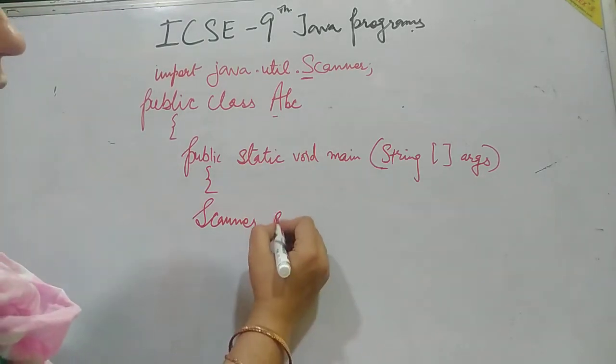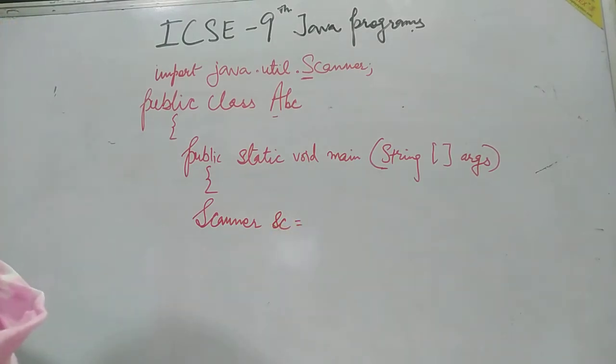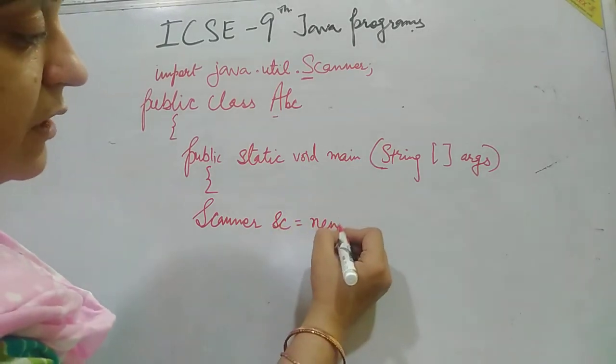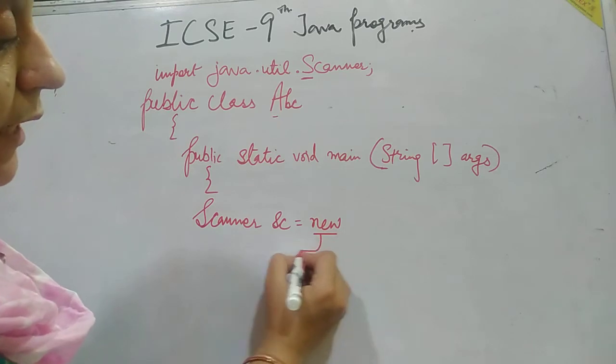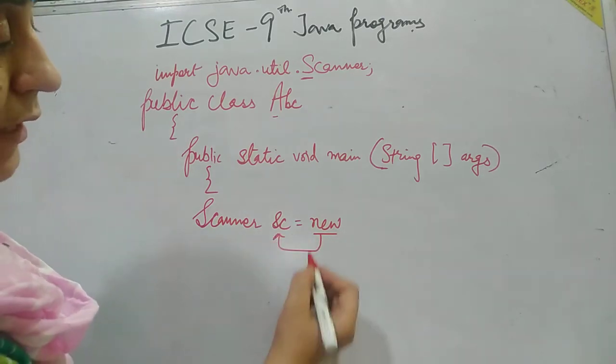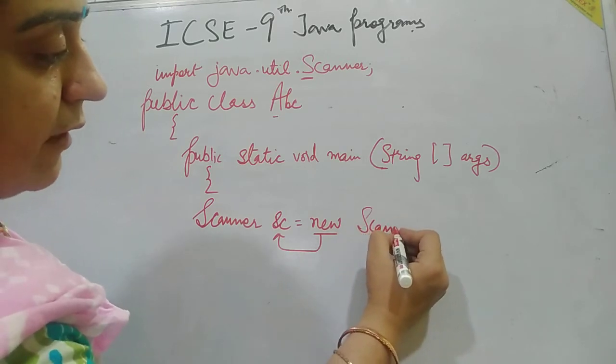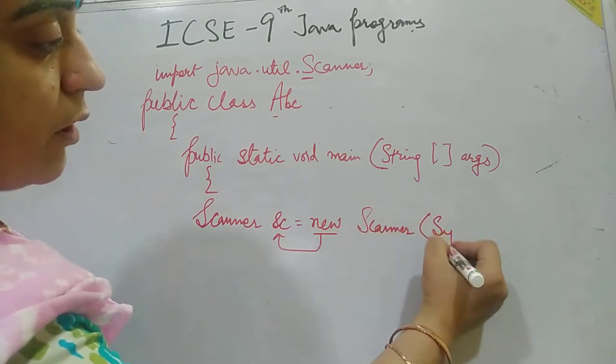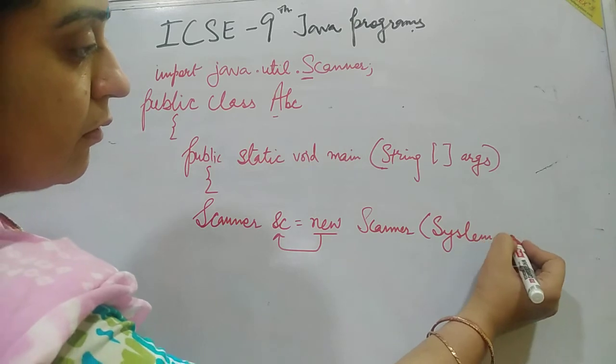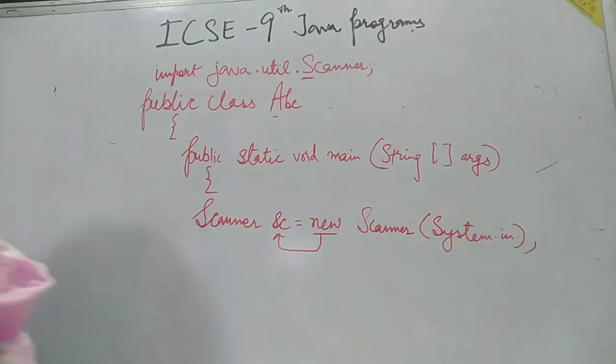That is why I am writing sc here. And the equal to operator, with the help of the new operator, the object will be created. Creation of memory will be there, and we will write here Scanner(System.in). This is how we can create the Scanner class object.